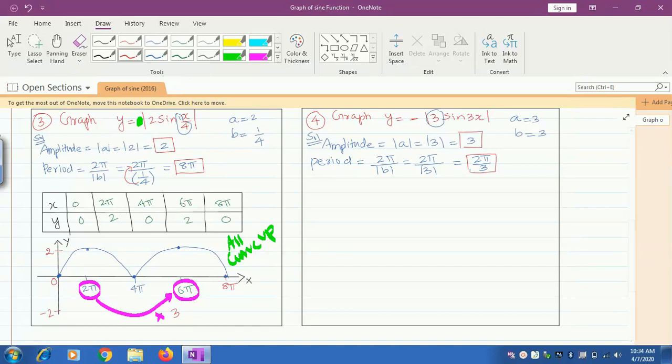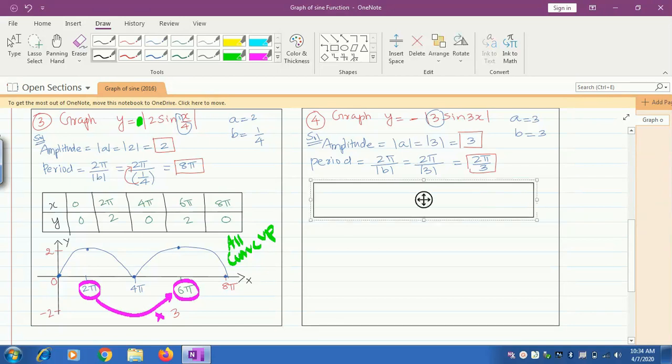Now the schedule. This is the y-axis and this is my x-axis.